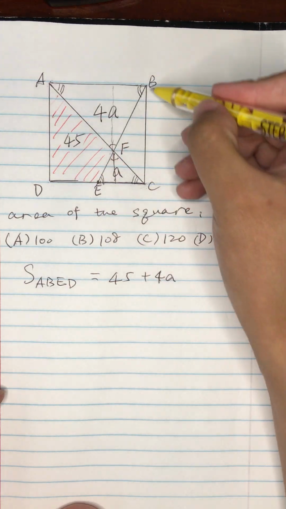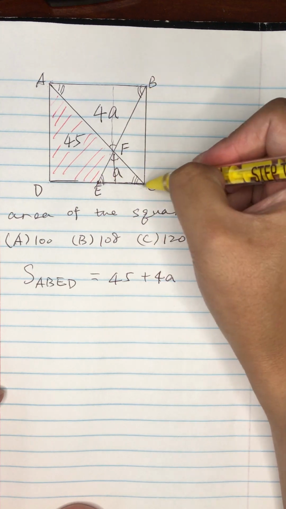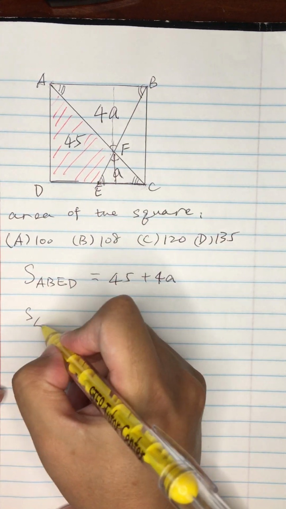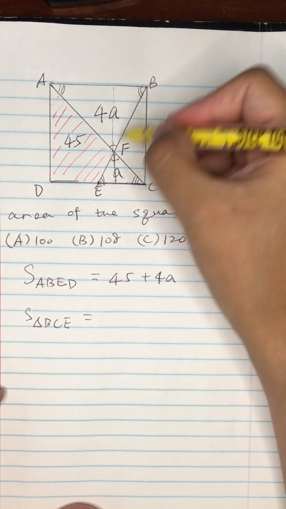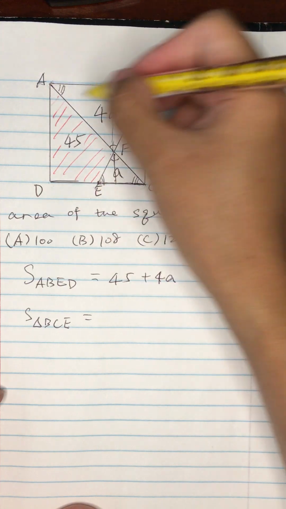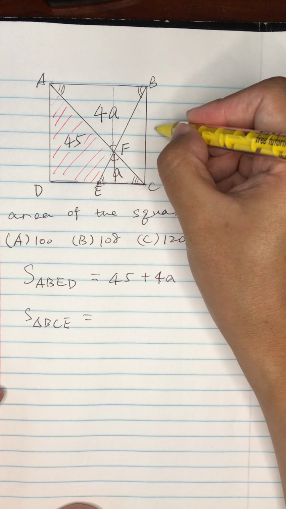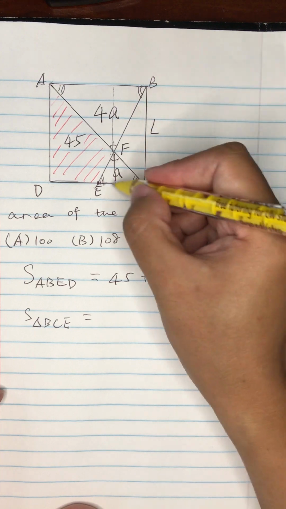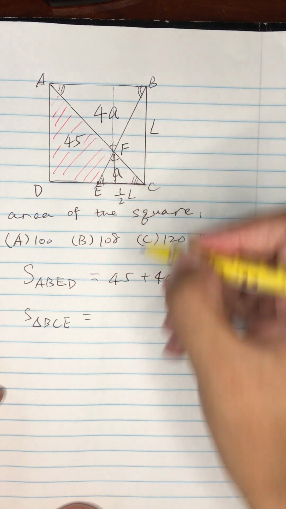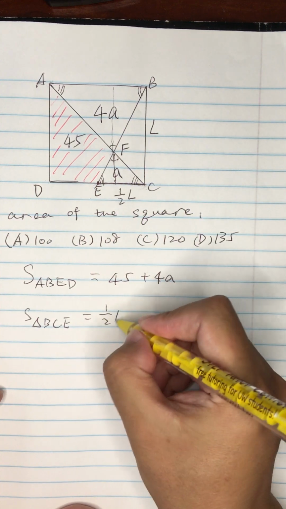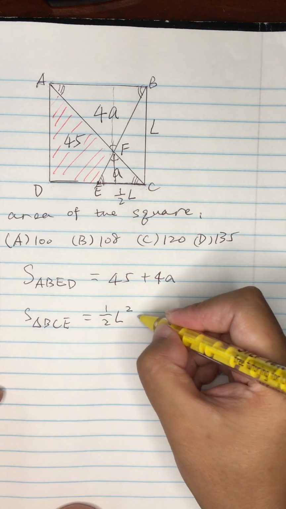Why is that? Because the triangle BCE is actually 1/4 of the area of this entire square. Suppose the side of the square is big L. Then this side is half of L, so it's 1/2 of L, that's the base, times the height L, that's L squared, and then times 1/2.